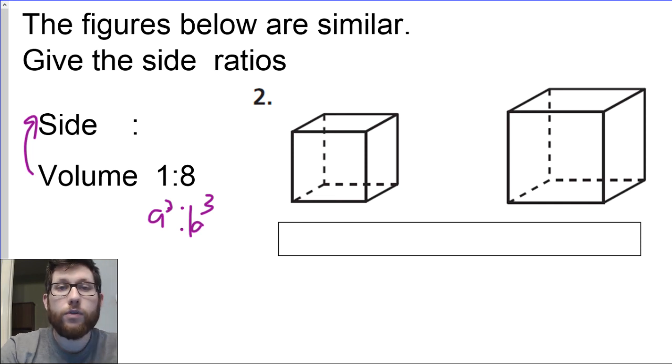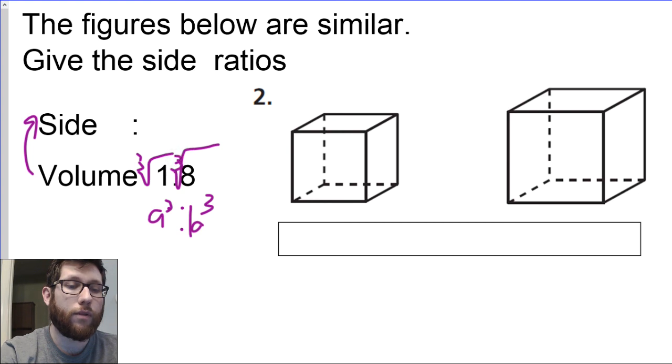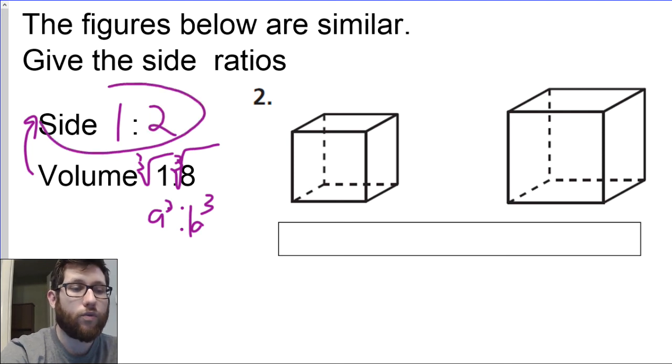And again, if you look on Desmos, you can find the cube root option. It's going to look something like a square root with a little 3 on the side. And take a cube root here. So if I take the cube root of both of these, the cube root of 1 is 1, the cube root of 8 is 2, my side ratio is 1 to 2.